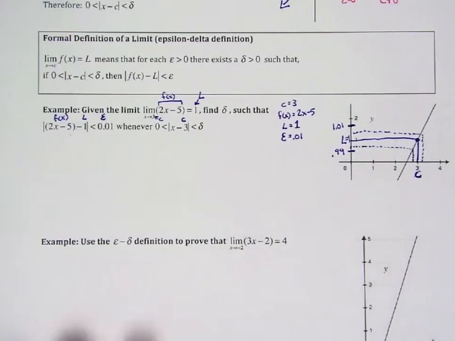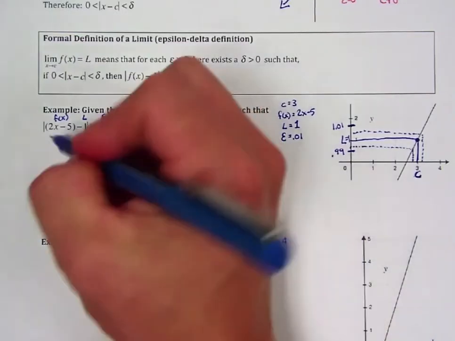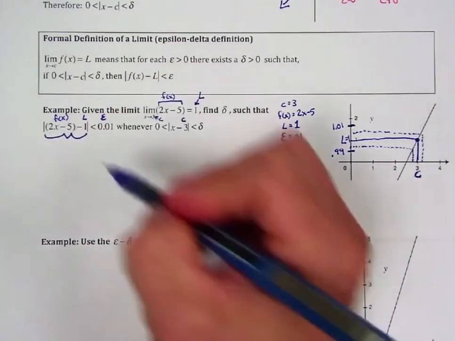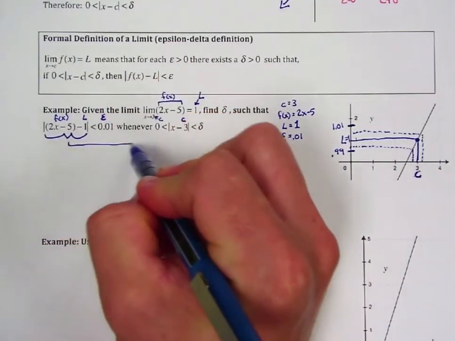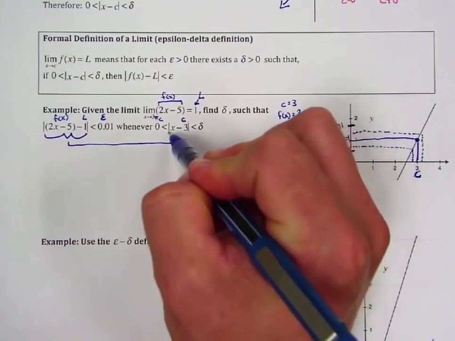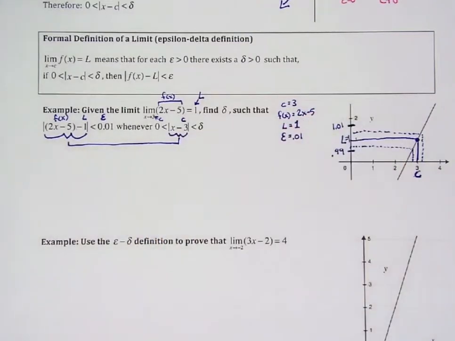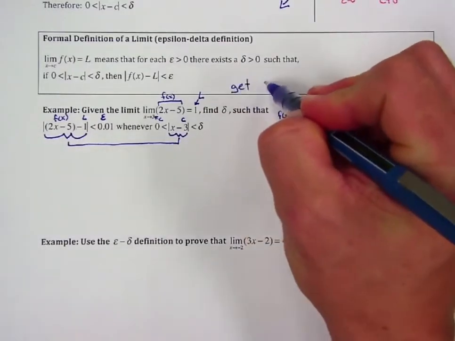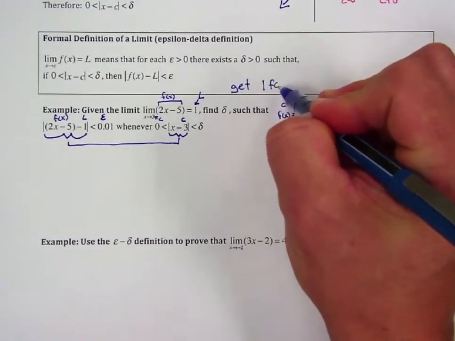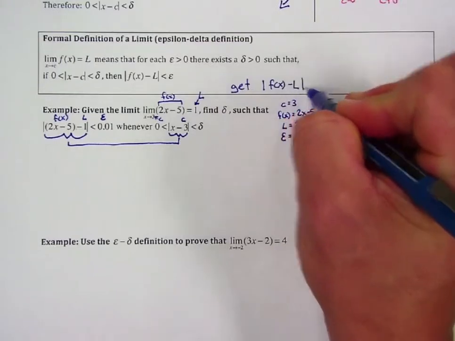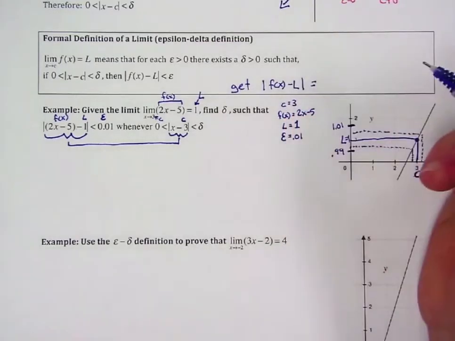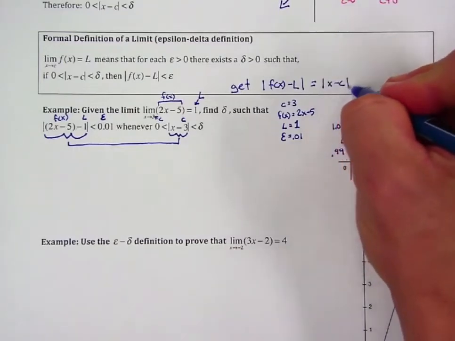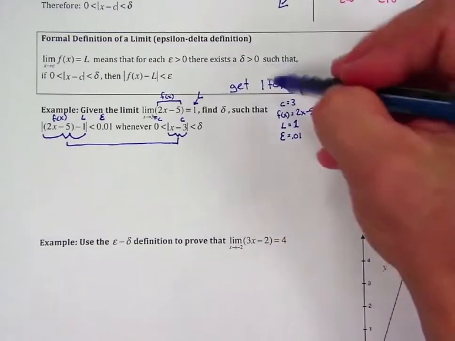So here's how we're going to do it. What we have to do is get this portion of the equation to match this portion right here. So we have to get the absolute value of f of x minus L to equal the absolute value of x minus c. That's our first step in doing this.